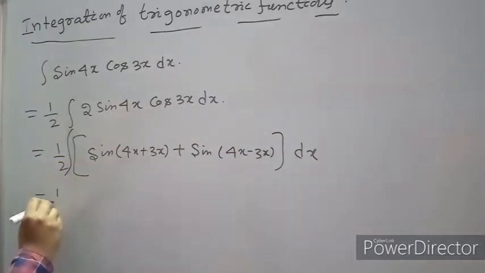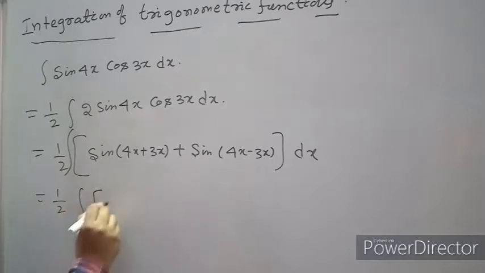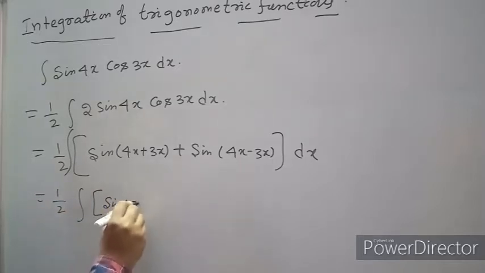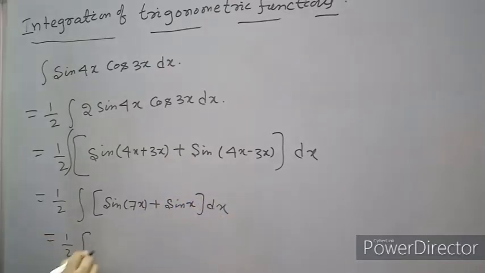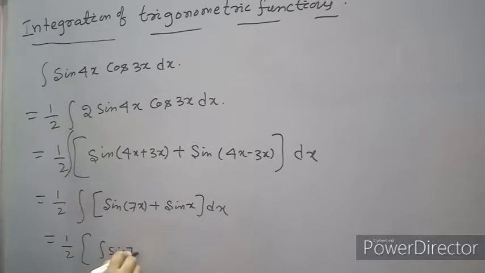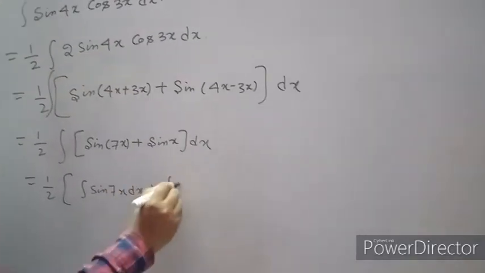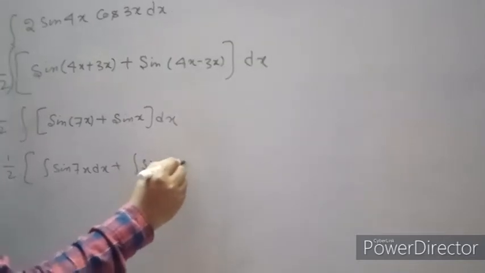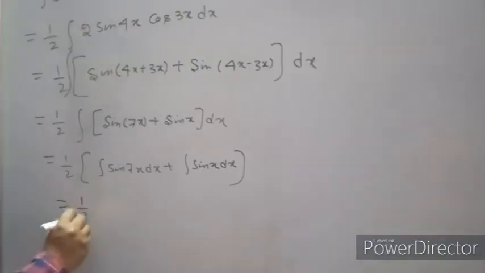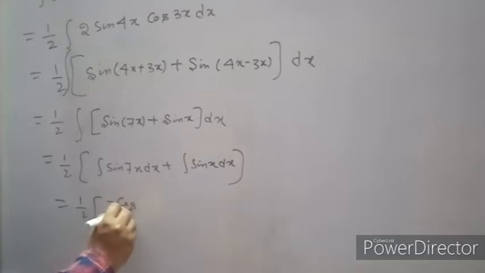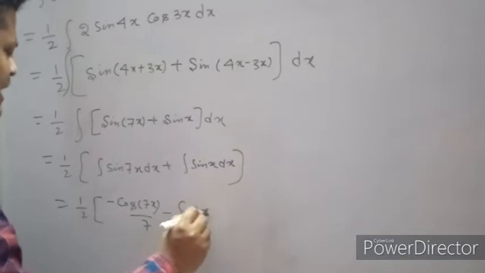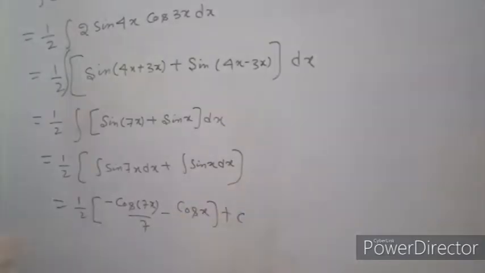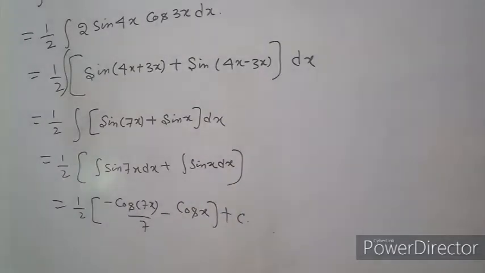So half integration, this is sin 7x plus sin x dx. That would be half integration sin 7x dx plus integration sin x dx, which will give you half of minus cos 7x by 7 minus cos x plus c. This is a standard exercise, you must know.